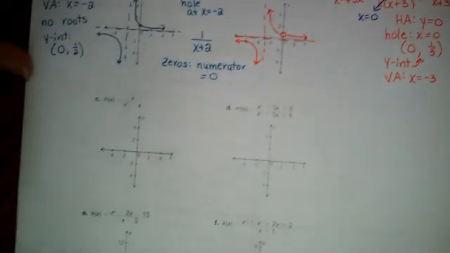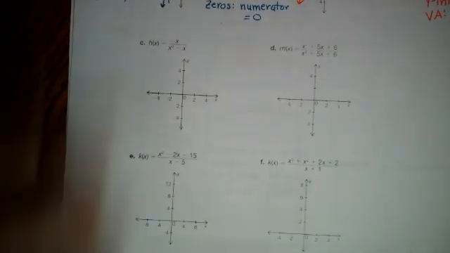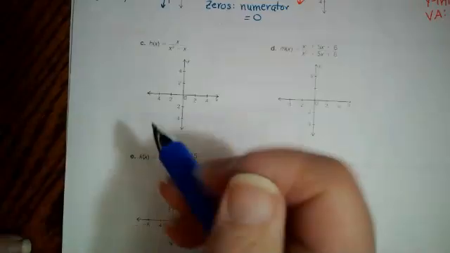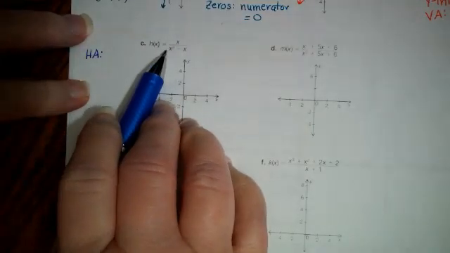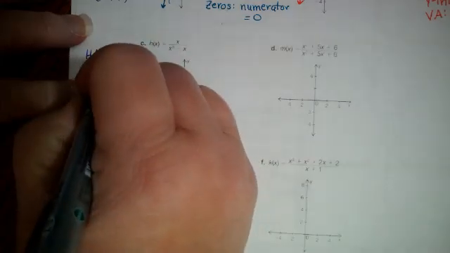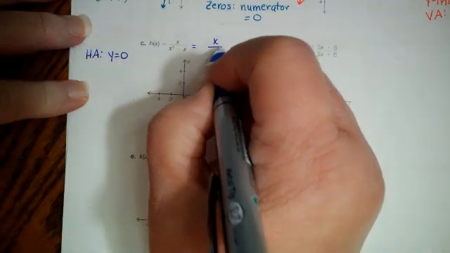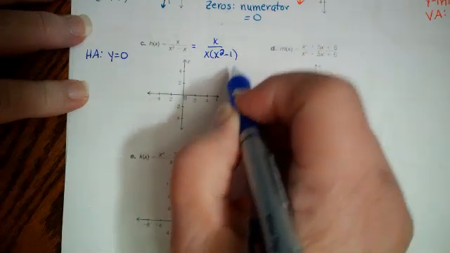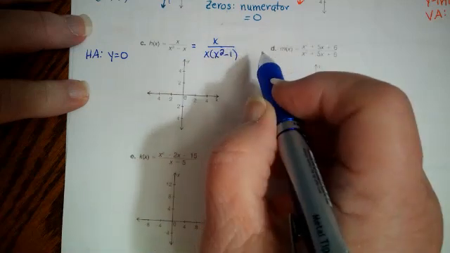All right, let's continue. Letter C. x over x to the third minus x. So we'll start with horizontal asymptote. Bigger on bottom, y equals 0. Now we're going to factor. Well, this denominator, I see it. That x squared minus 1 is going to factor again.